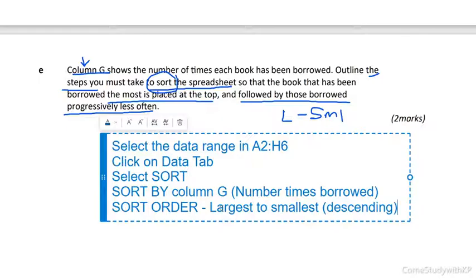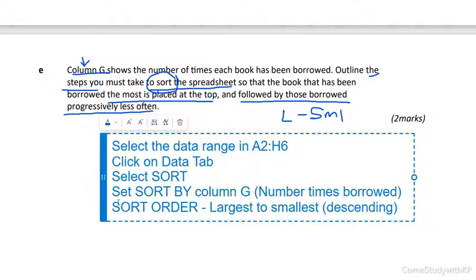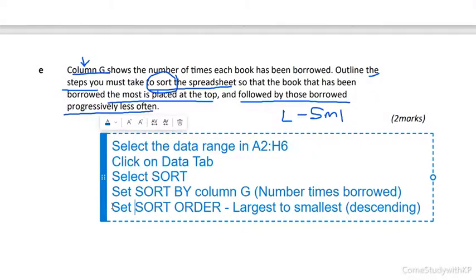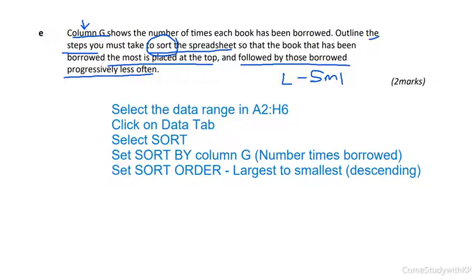If it was letters, we would go from Z to A, right? So we'd set the sort by column G and set sort order, largest to smallest. So that is how we would sort the spreadsheet by column G. That's it for this question. Check out the next video and you'll get to practice more exam-like questions for spreadsheets.